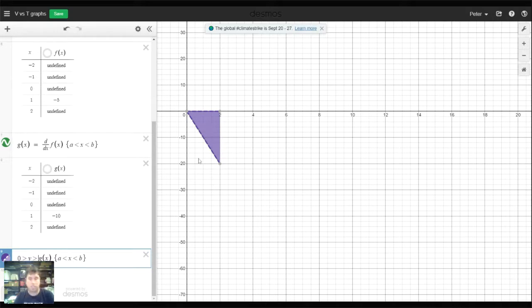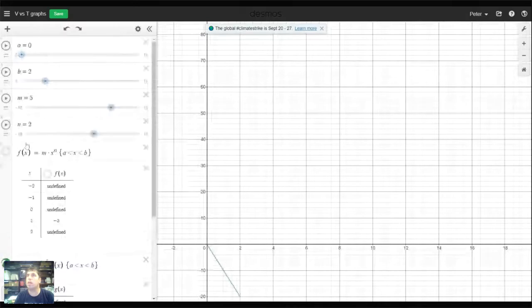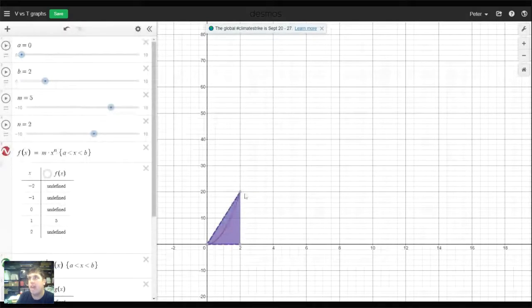So just like we had, let's see, undo. There we go. Okay, so just like we said, our position graph at 2 seconds went 20 meters or 20 centimeters or whatever units we're using here. The area of this triangle tells me the same thing.